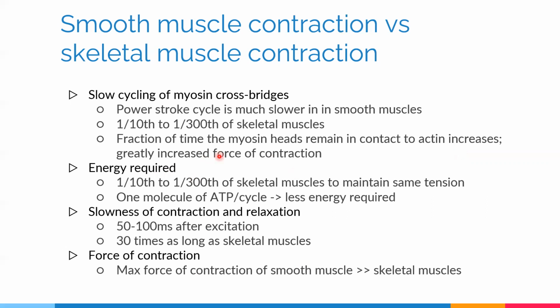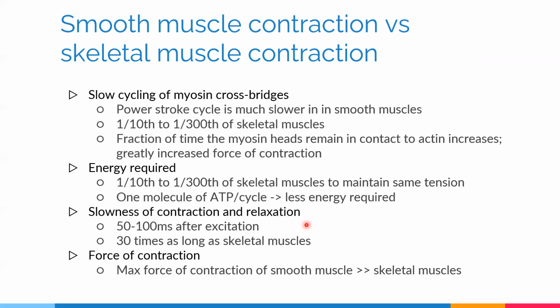Further, the energy required to maintain this slow cycling is very little, about 1/10 to 1/300 of the energy required by skeletal muscles to maintain the same tension. Because one cycle consumes 1 ATP, slow cycling overall consumes less energy in the smooth muscles.